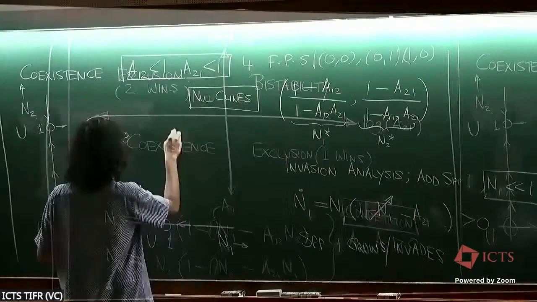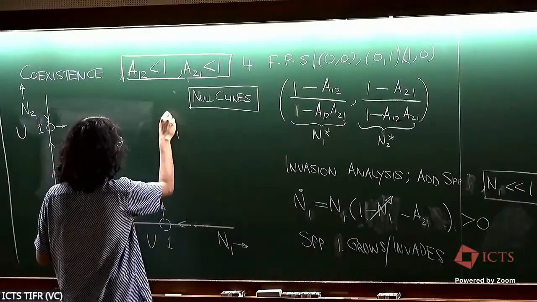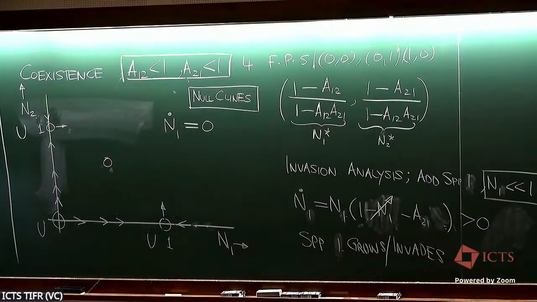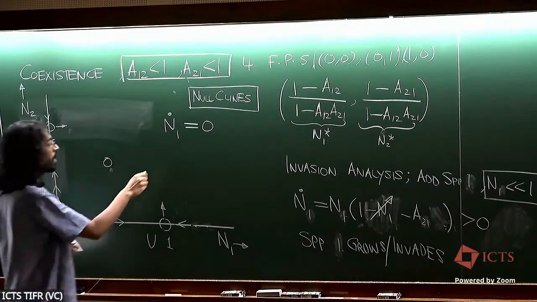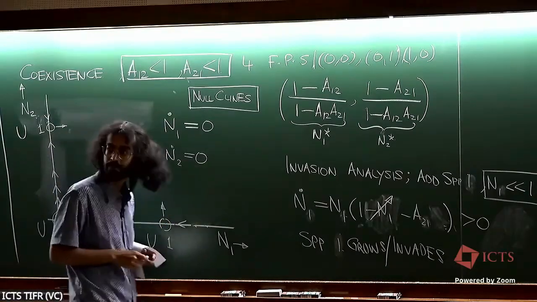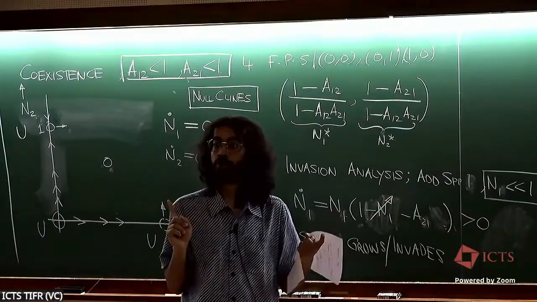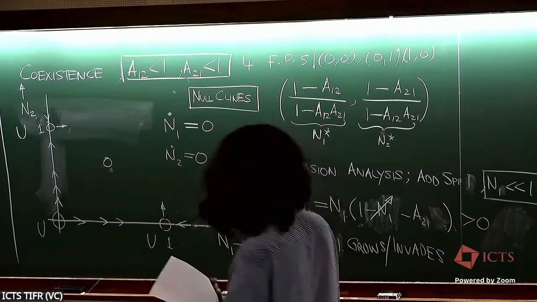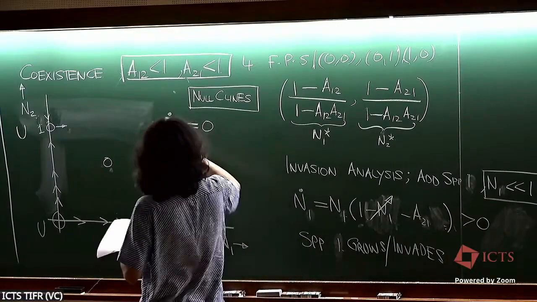But you can often ask first about each of the individual degrees of freedom not growing or dying. You can ask for N1 dot equals 0 or N2 dot equals 0. Right? It's only when both of these conditions are satisfied simultaneously that you end up with fixed points. Right? So what does N1 dot equals 0 give us?